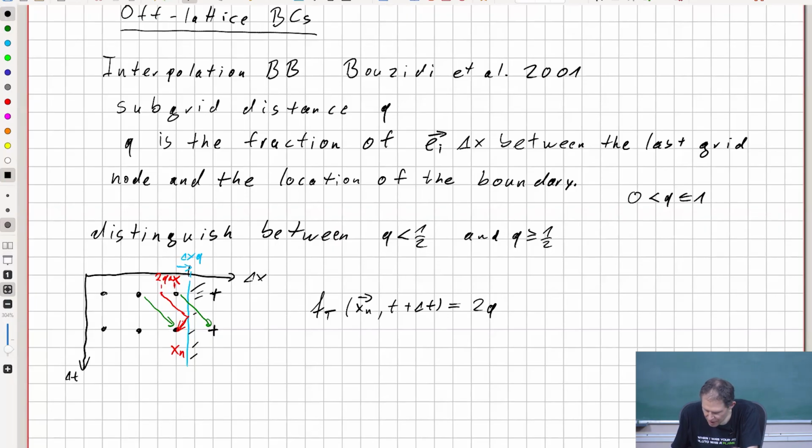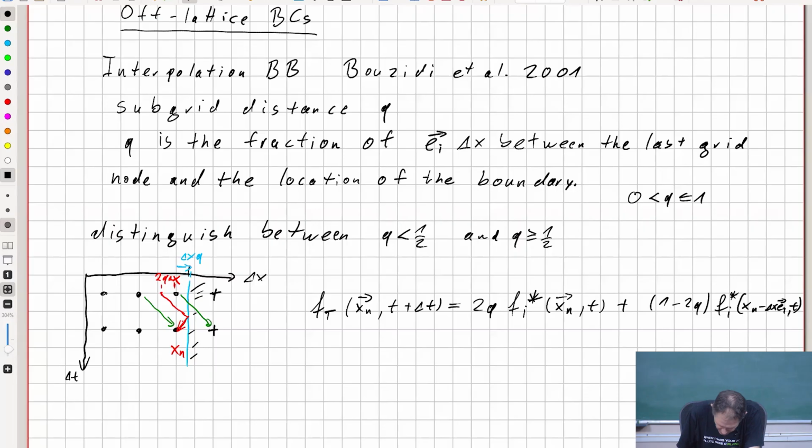It is then the linear interpolation between the two. So it's 2q f_i after collision at the node x_n and time t, plus 1 minus 2q times f_i star at x_n minus delta x e_i and t.